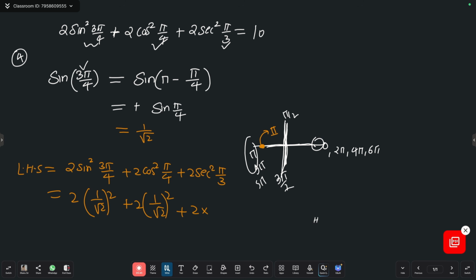2 sec pi by 3 means sec 60, and sec 60 is the opposite of sine 60. Sine 60 is 1 by 2, so the opposite of 1 by 2 is 2 by 1. So it is 2 whole square. Now calculate: 2 times 1 by 2, 2 times 1 by 2, and 2 to the 4.